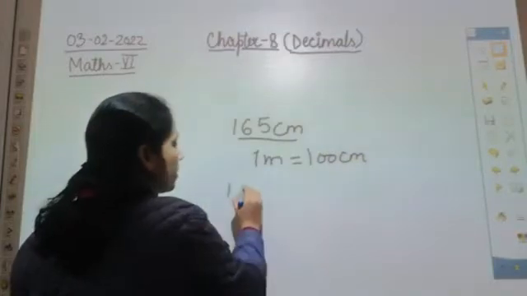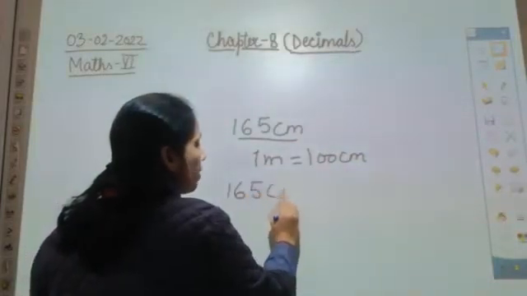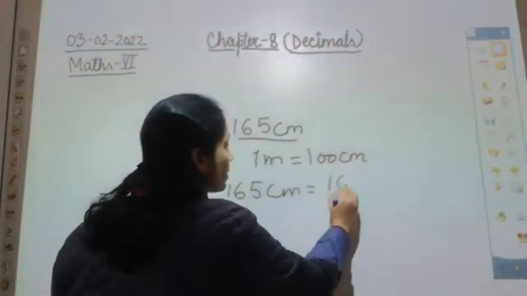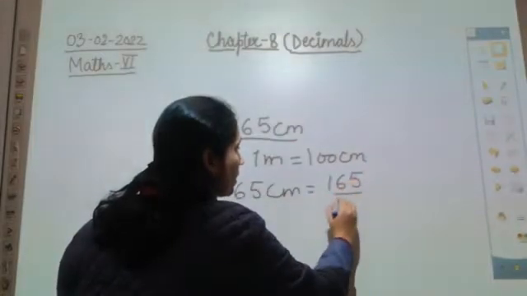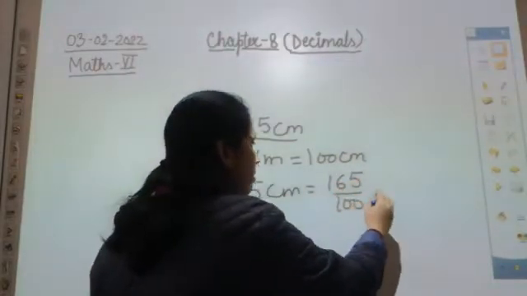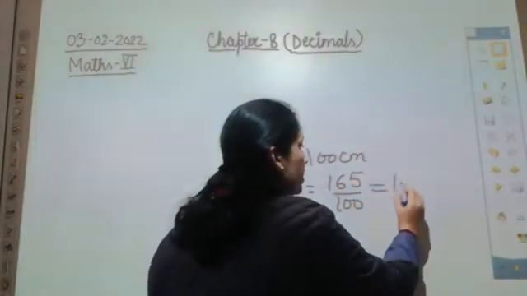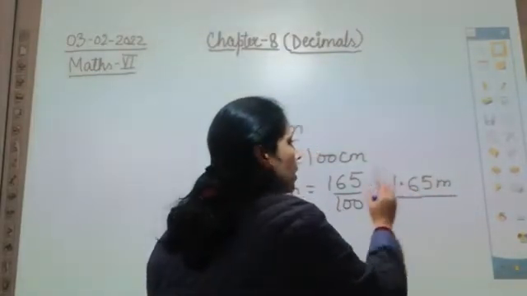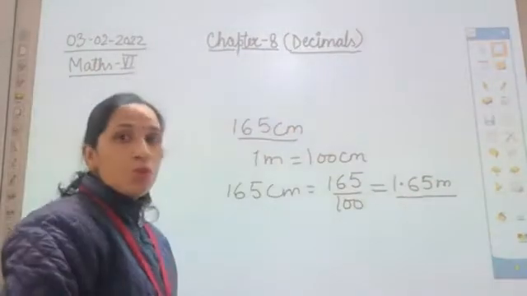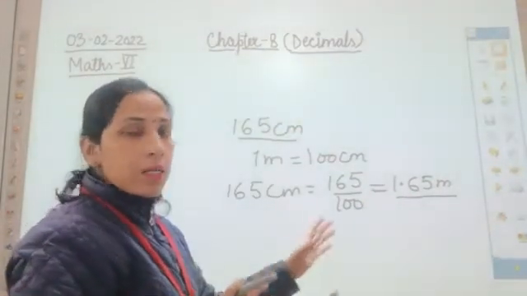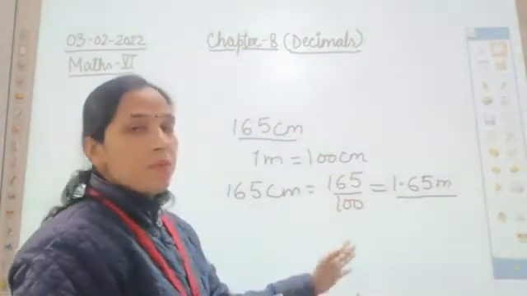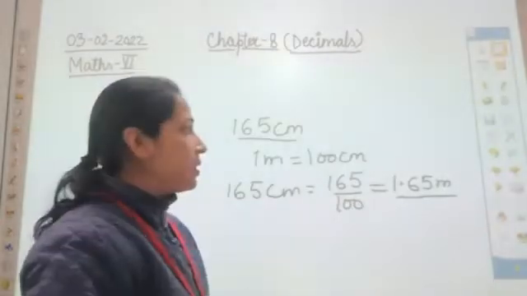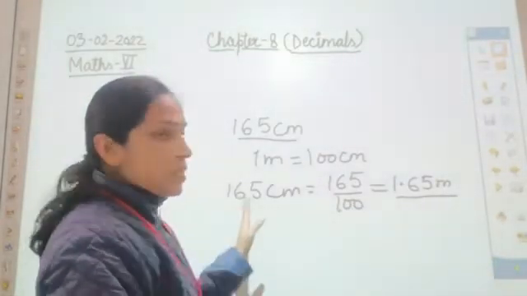So this 165 centimeter will be divided by 100. So what I am getting here is 1.65. Now the unit will be meter. So what I have done here, this decimal point represents the part of a meter when we convert centimeter into meter. So that is a conversion.